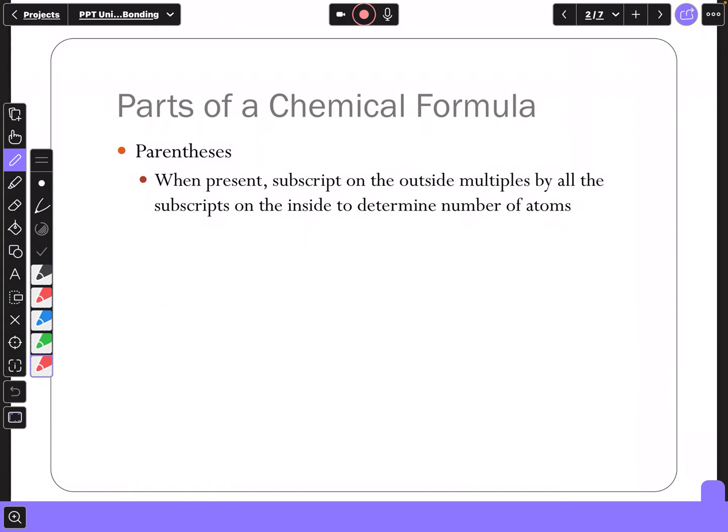So, for example, you'll see chemical formulas like this sometimes.